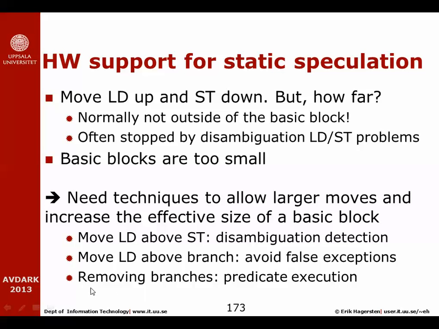And we have to have a way of removing the branches or the effects of the branches. If we can remove some of the branches, that means that effectively the basic block is going to look much larger to the compiler. And here we're going to look into a technique called predicate execution.